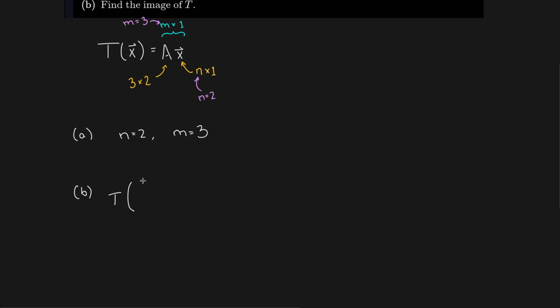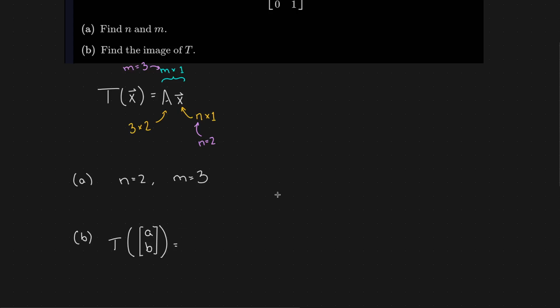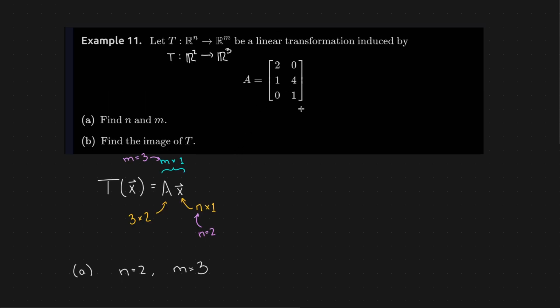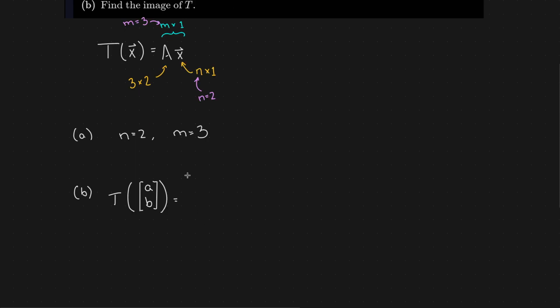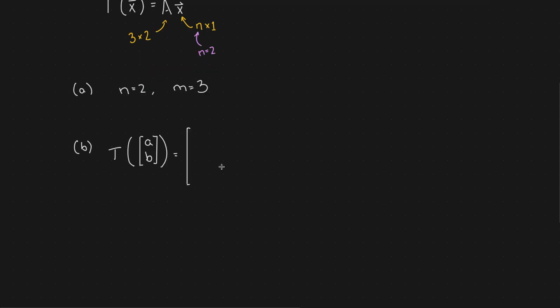So I'm going to plug in a particular vector, which I know must be two-dimensional. Let's imagine we plug in a vector with components a and b. Then to apply the transformation, we want to multiply that vector on the left by matrix A. Matrix A is 2, 1, 0, 0, 4, 1.